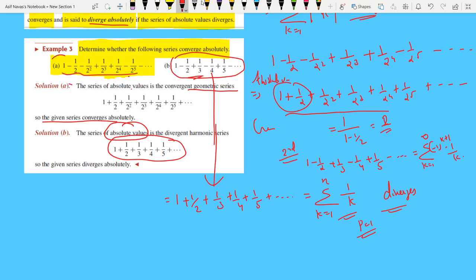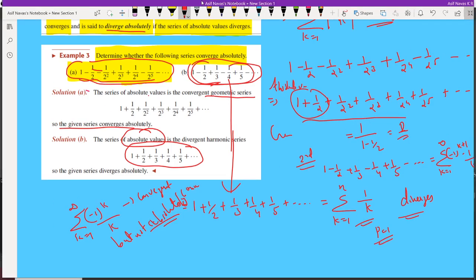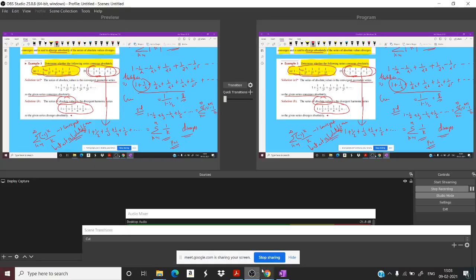This series, sigma k equal to 1 to infinity minus 1 power k divided by k, is convergent but not absolutely convergent, because its series of absolute values doesn't converge. Okay, so any doubt?